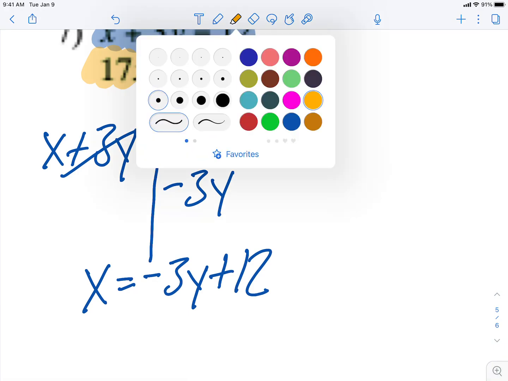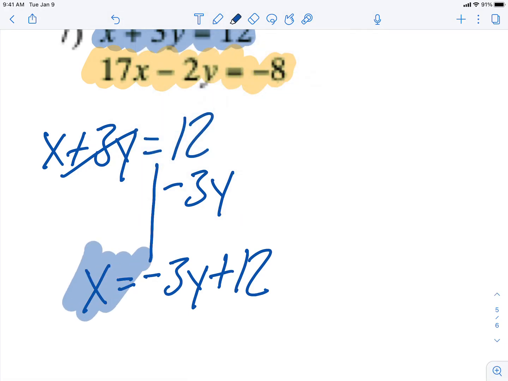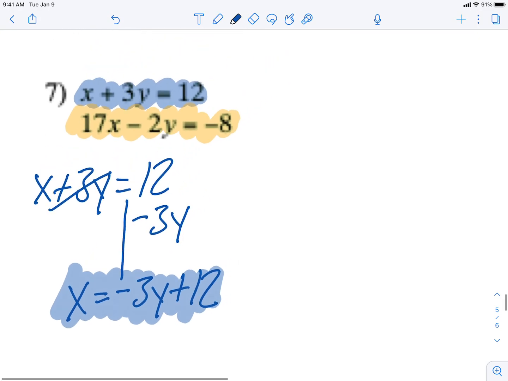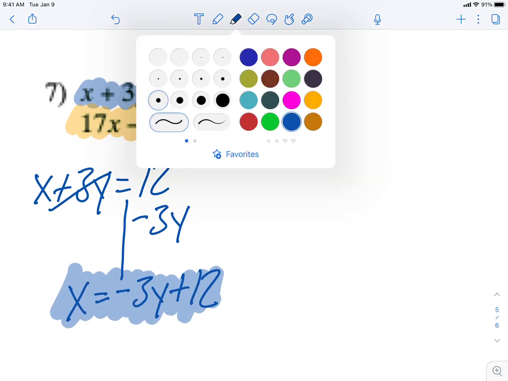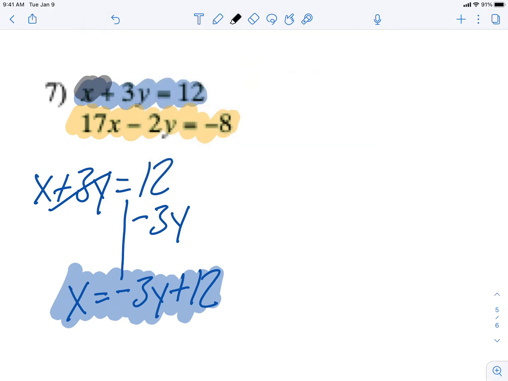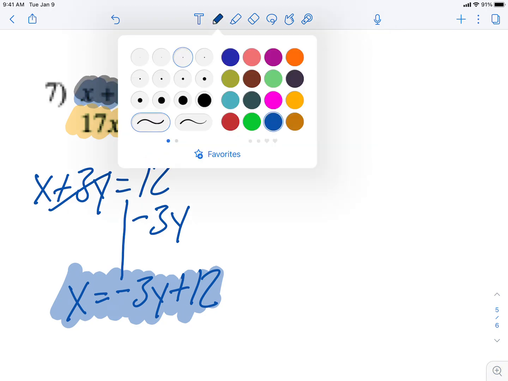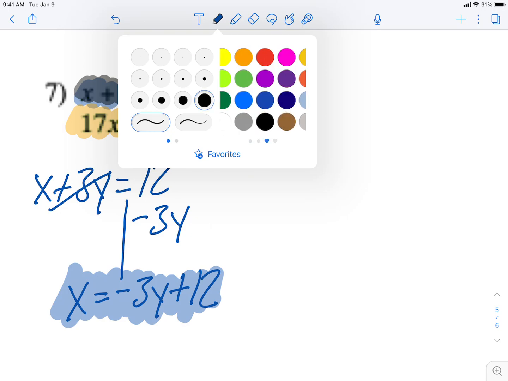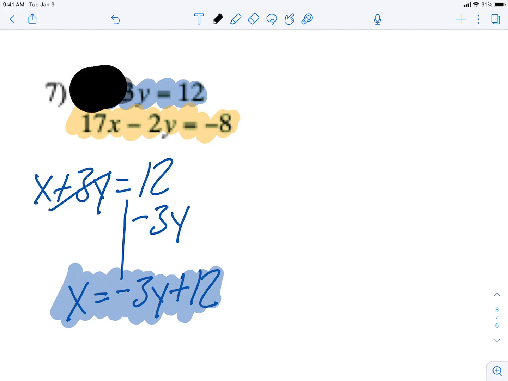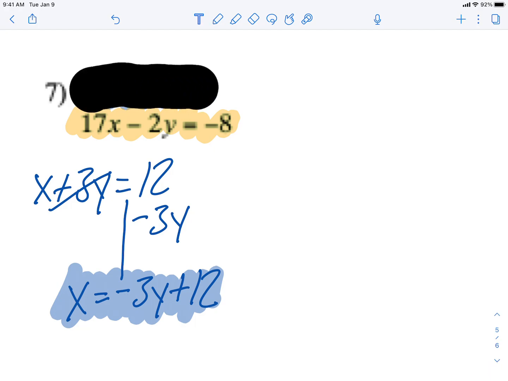And this is my new blue equation here. Look, this is my new blue equation. So technically, I don't even need this one here, right? Let me darken it up a little bit here. Make sure it's gone. I don't even need this one anymore.